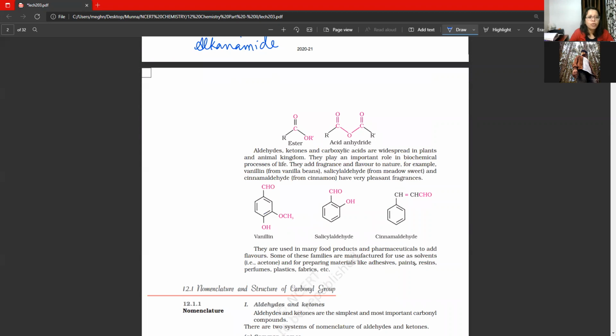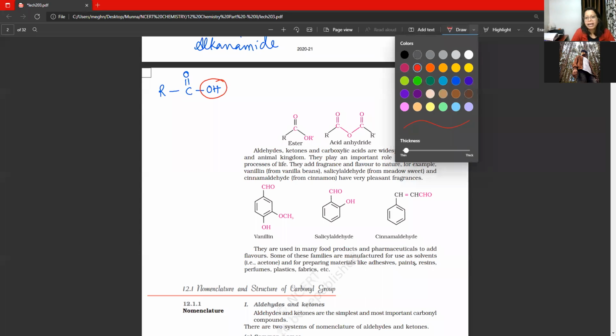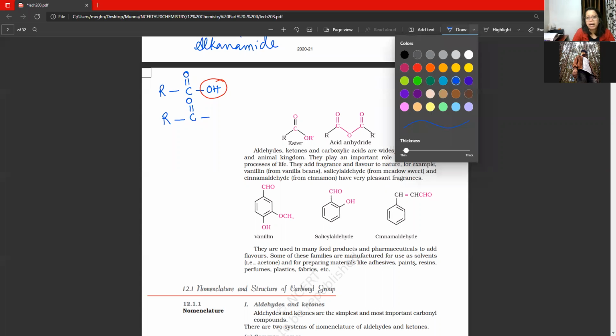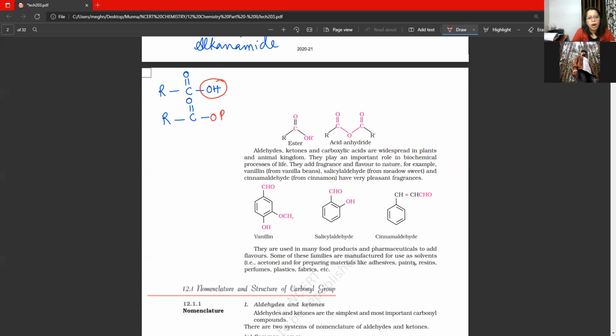Even two more families which we have done already in the alcohol chapter. One is ester. In ester, what will happen? Again, the same thing. In carboxylic acid, if the OH group is replaced by OR, then it is called ester.